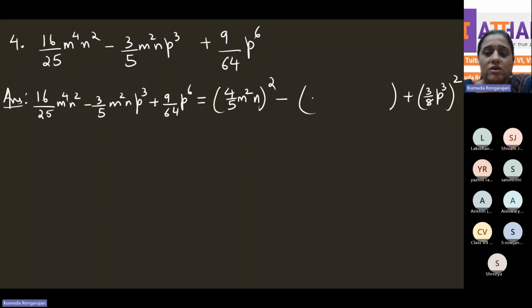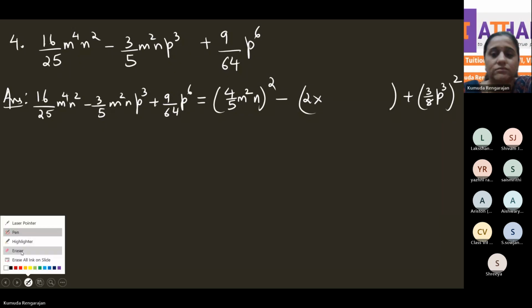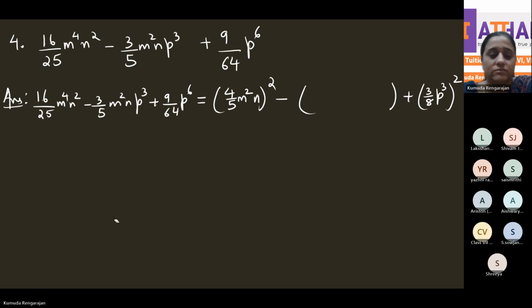Now 2ab. So it'll be 2 into a. What's a?